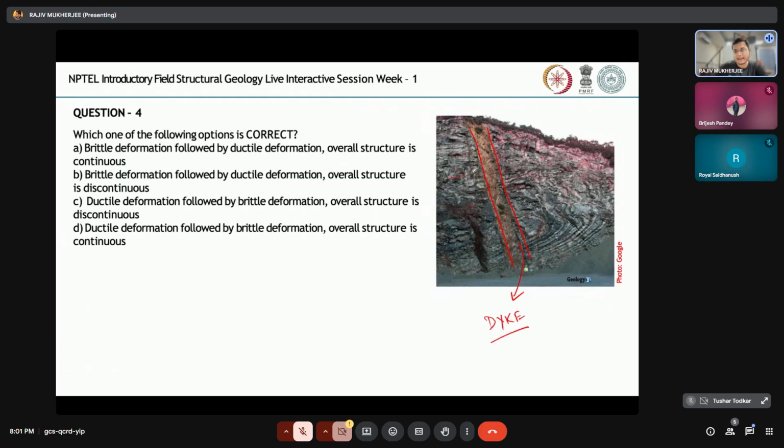And these layers, they are folds, right? So there is a fold and there is a dike. So, have you ever heard of a cross-cutting relationship?